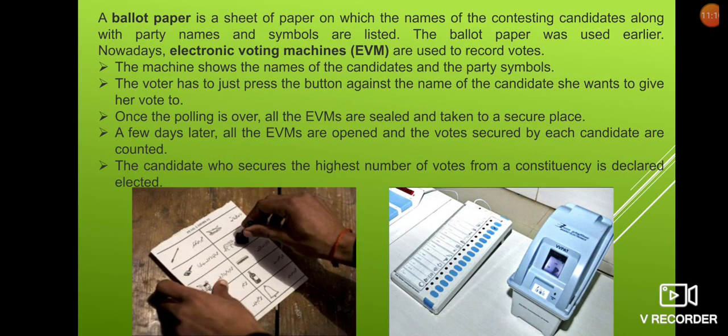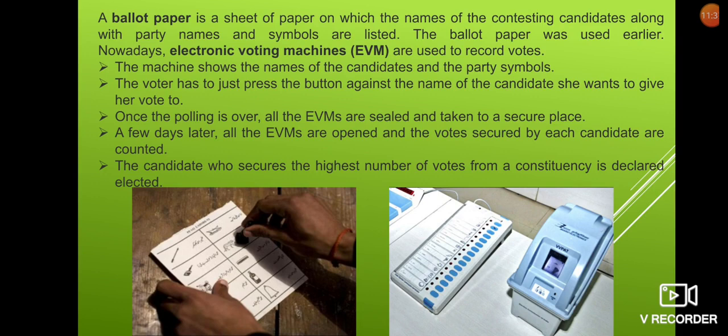In the early times, the ballot paper was used to cast the vote. A ballot paper is a sheet of paper on which the names of the contesting candidates along with their party names and symbols are listed.